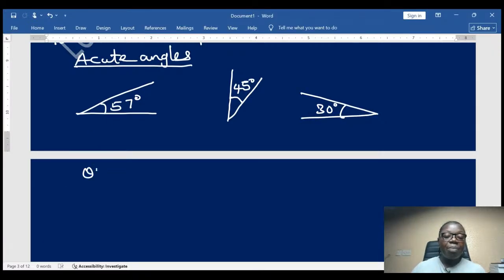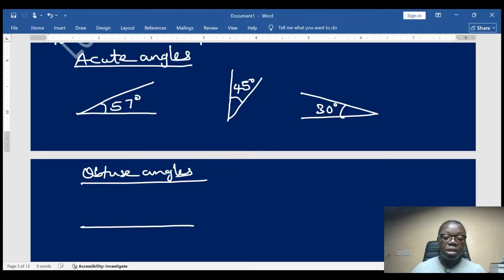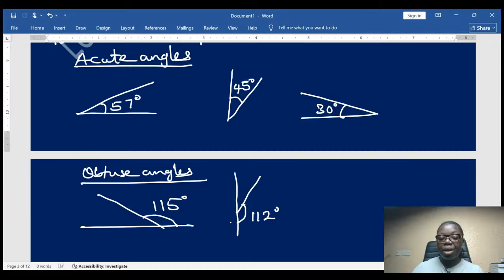Now, the next type of angle is obtuse angle. Let's look at obtuse angles. They are greater than 90 degrees, but less than 180 degrees. So we have something like this. This is 115 degrees, all right? You can have your straight line drawn this way, and this angle can be 112 degrees.